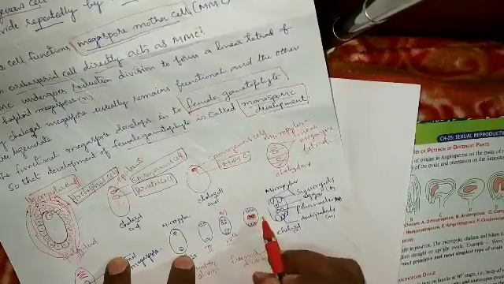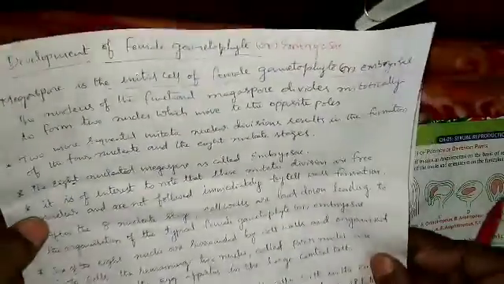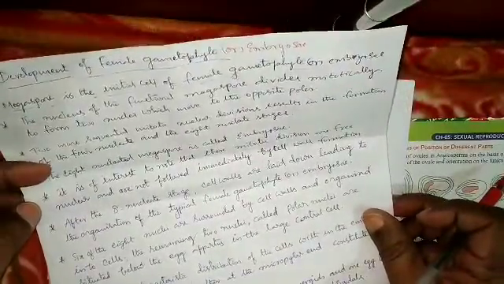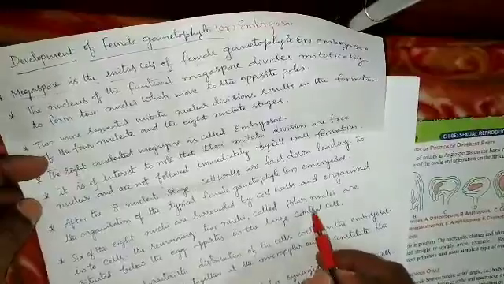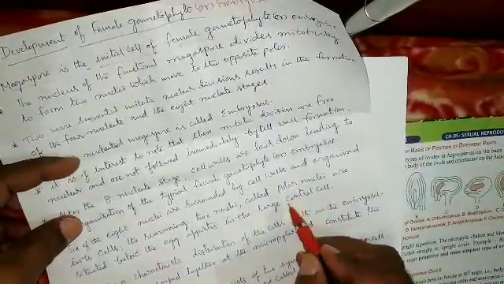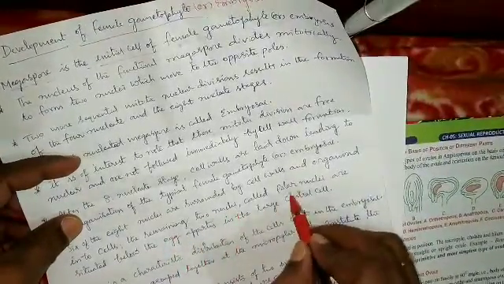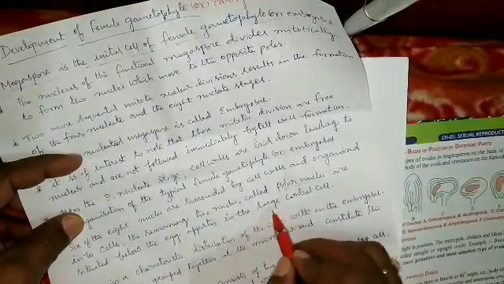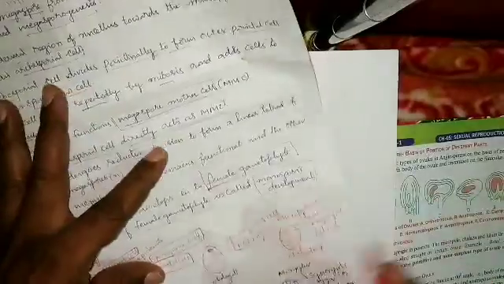Then they are called polar nuclei. The remaining two nuclei, called polar nuclei, are situated below the egg apparatus in the large central cell. This is a large central cell.